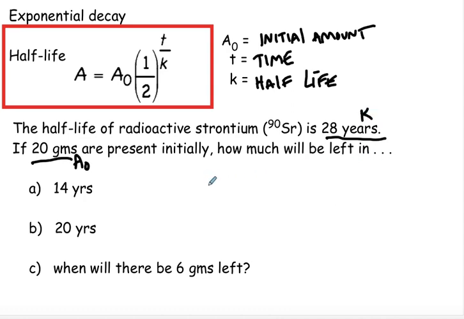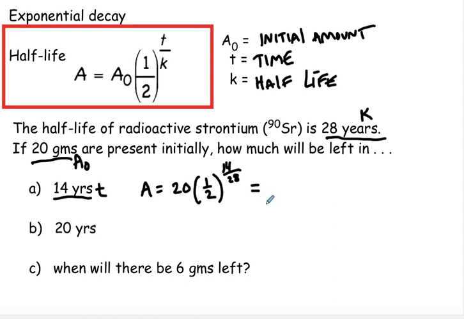If 20 grams are present initially, how much is going to be left in 14 years? That's time T. So we would do our initial amount of 20 times 1/2 to the power of 14 divided by 28.